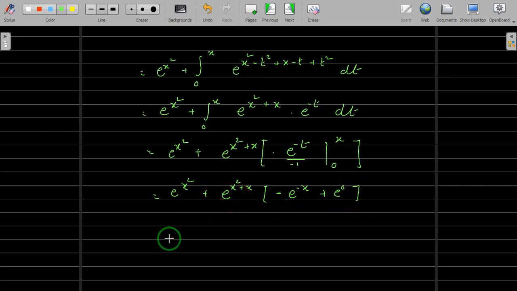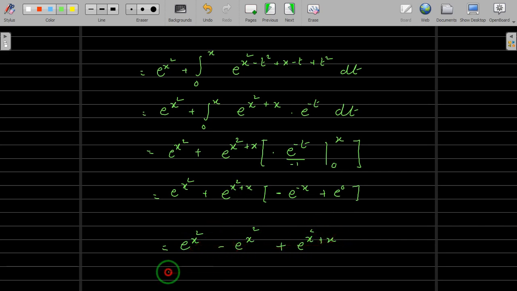And all together we can write this entire solution as e raised to x square plus, let me write, minus e raised to minus x plus x goes off, so x square, and then plus e raised to x square plus x.